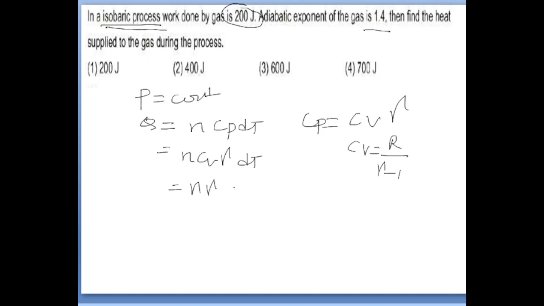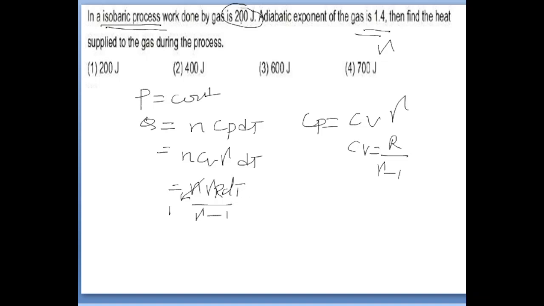The number of moles is not given, so let us consider it as 1 mole. The gamma value is given, but R and dT are not given.